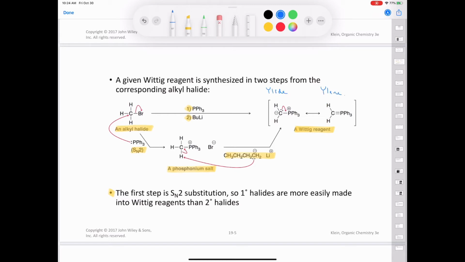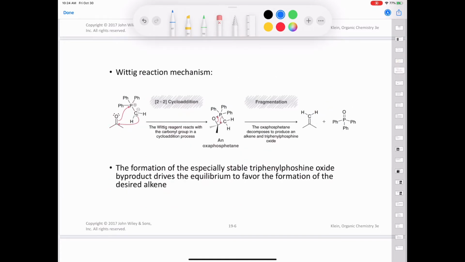Let's take a look at the Wittig reaction mechanism. There are actually a couple of proposed mechanisms for the Wittig reaction. The first one is shown right here, where we have a 2+2 cycloaddition reaction occurring between the carbonyl of the aldehyde or a ketone and the ylide. So once the 2+2 cycloaddition occurs, we end up with this four-membered ring that has both a phosphorus and an oxygen in it, and that four-membered ring is called an oxaphosphetane.